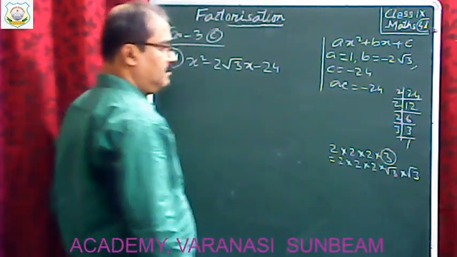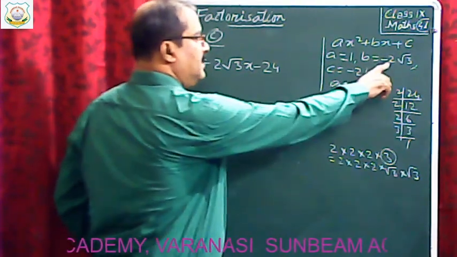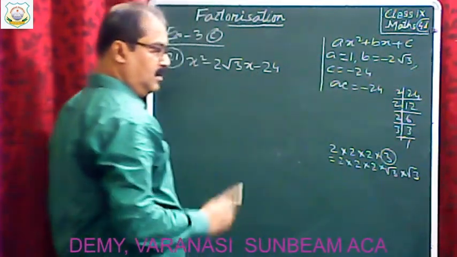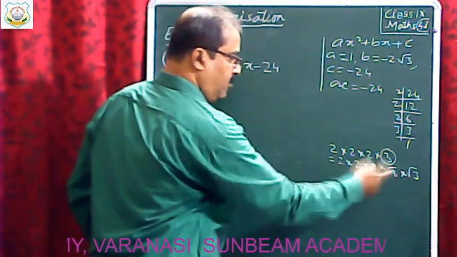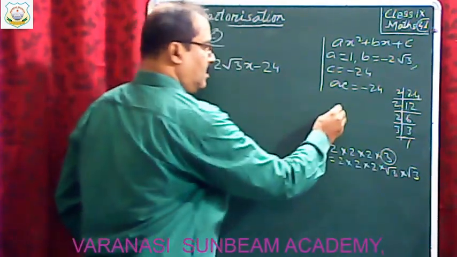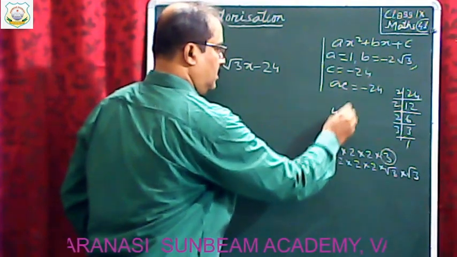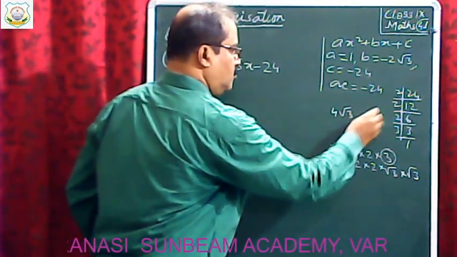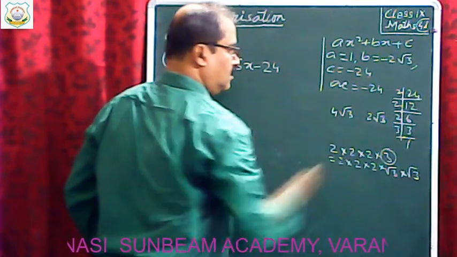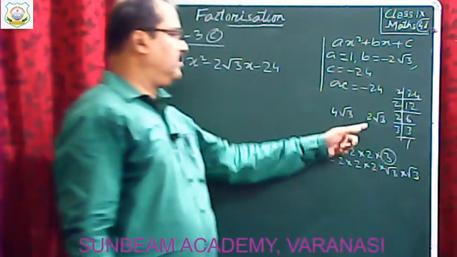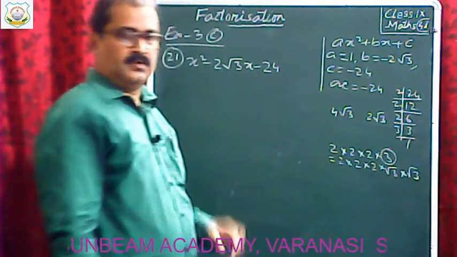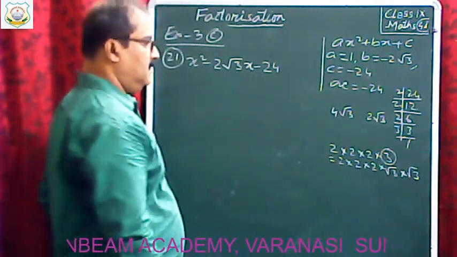And thereafter, minus 2 root 3. If we take 2 root 3 and 4 root 3, clear? If we subtract 4 root 3 and 2 root 3, we get 2 root 3. So sign you have to check properly.